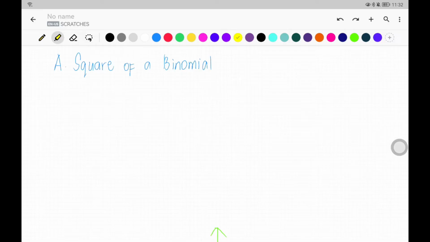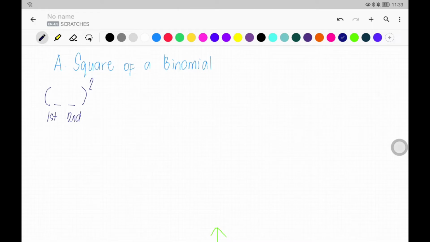Okay, so in the square of a binomial, meron tayong susundin na pattern, and that is given like this. Since this is a binomial, of course, it has its first term and its second term.